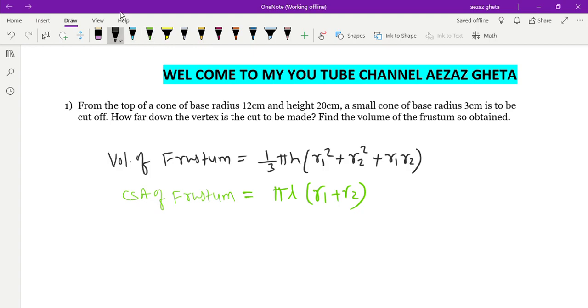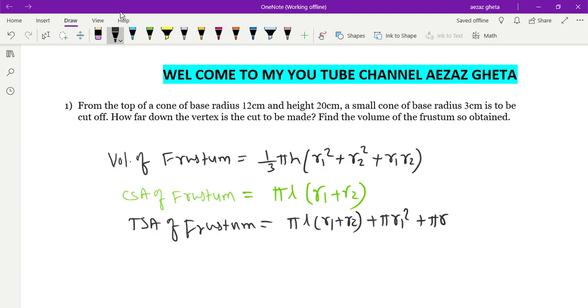And if I talk about the TSA of frustum, it is pi L of R1 plus R2 plus pi R1 square plus pi R2 square. So these are the three formulas of frustum.